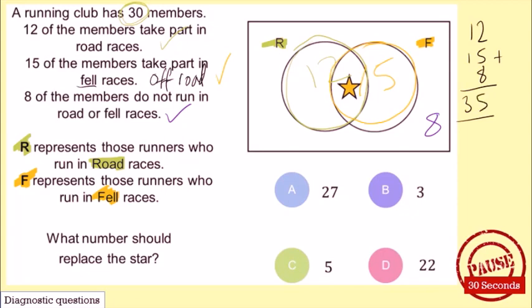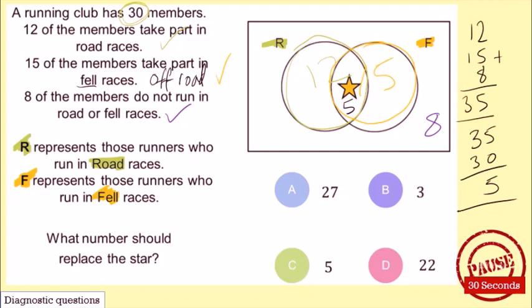Now I'm told in the question that the total is 30. That means there's been a repeat. If I do a takeaway, there's been a repeat of 5. So the number in the middle has to be 5.